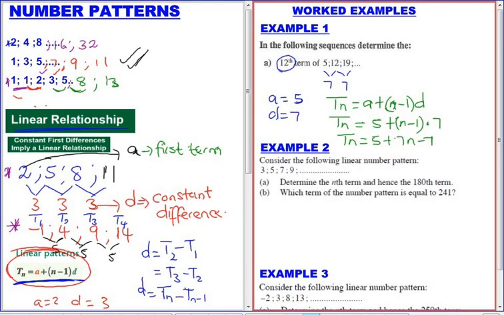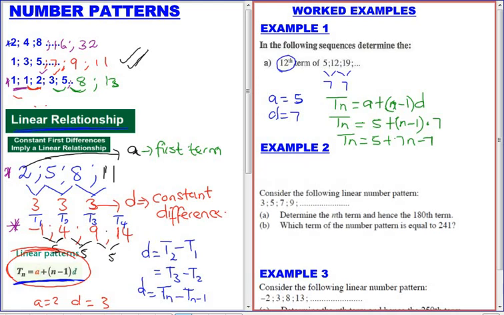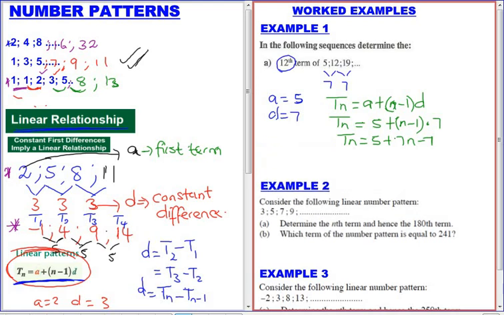So Tn is simply going to be 7n minus 2. With this, you have your Tn formula.